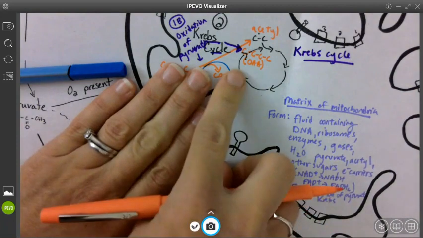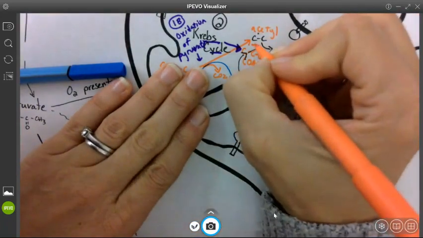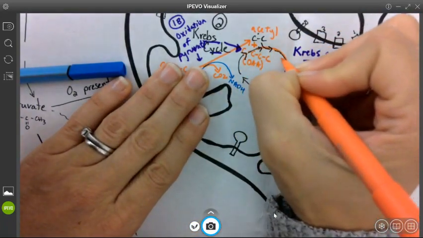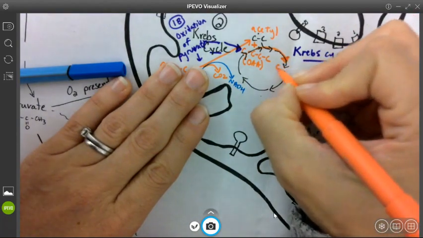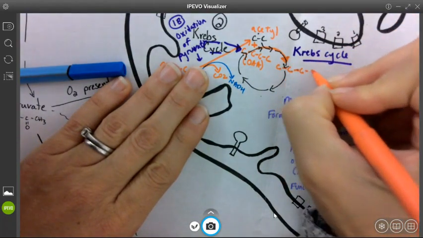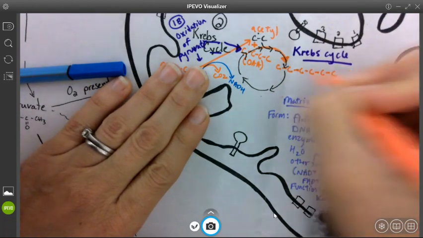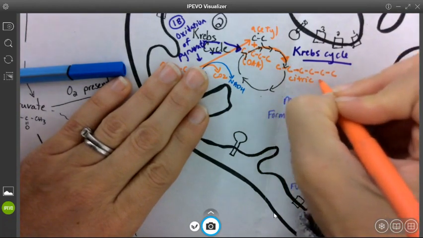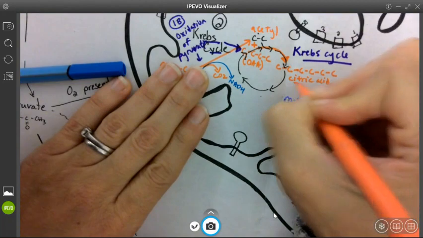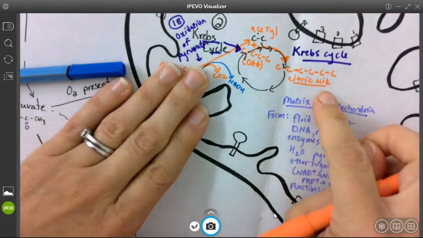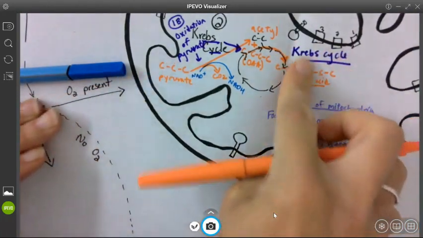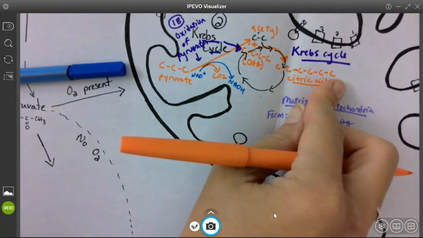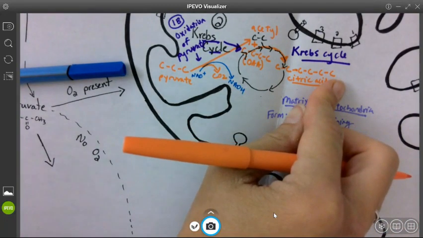So when OAA and acetyl join together, they form the first compound in the Krebs cycle, which is a 6-carbon sugar called citric acid. So sometimes the Krebs cycle is also called the citric acid cycle because this is the first major sugar that is produced in the Krebs cycle.